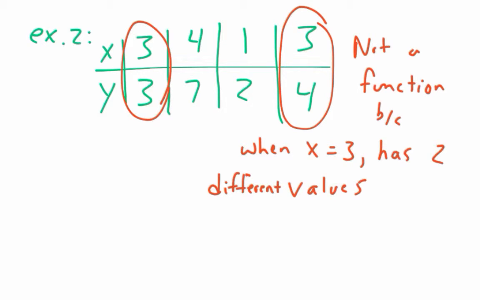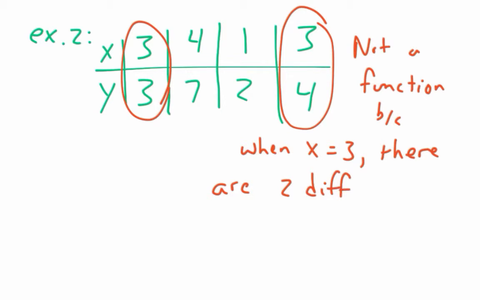Let's try that again. Feel free to not change yours, but it's going to drive me crazy if I don't fix mine. So not a function because when x equals 3, there are 2 different y values. Okay, now is that clear?